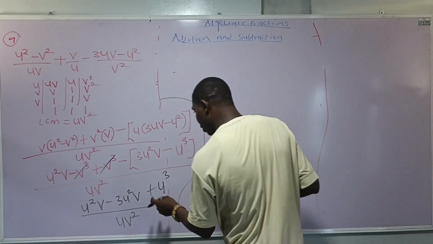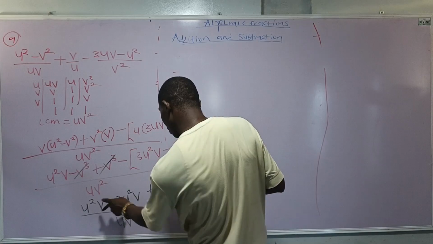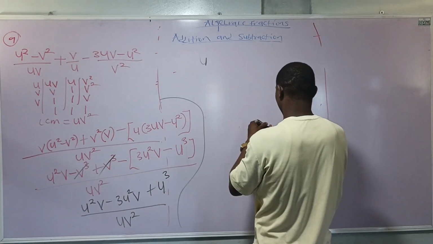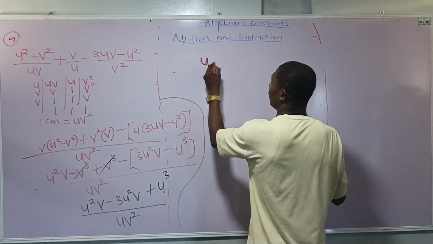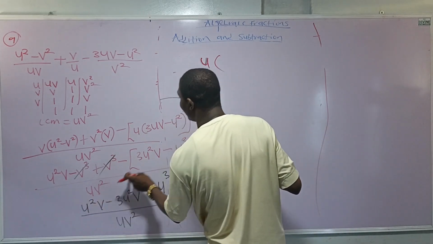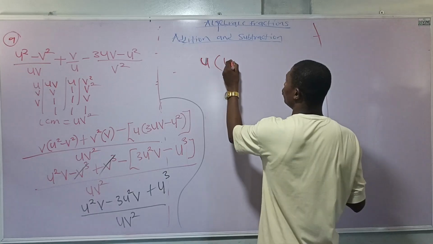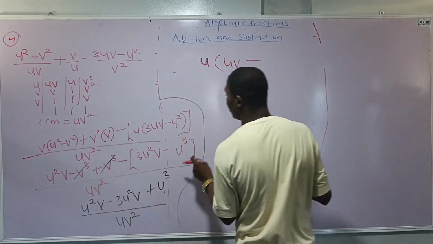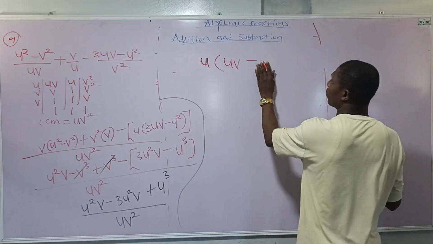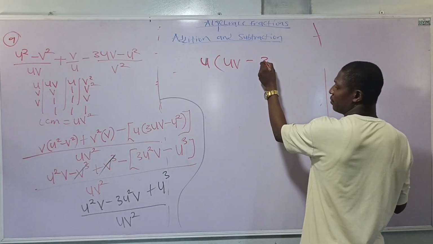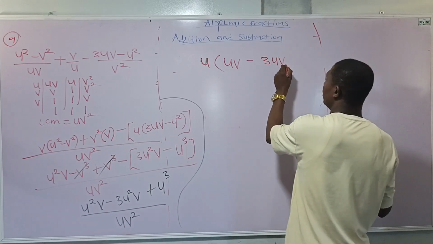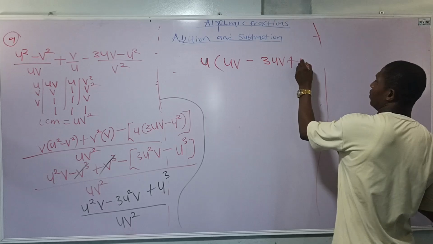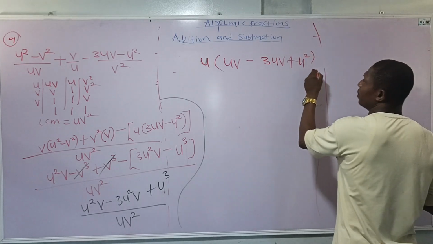Now, we can simply see that u is common. And if I pick one u out, I will have u square v divided by u to give me uv. Minus 3u square v divided by u will give me 3uv plus u cube divided by u will give me u square.